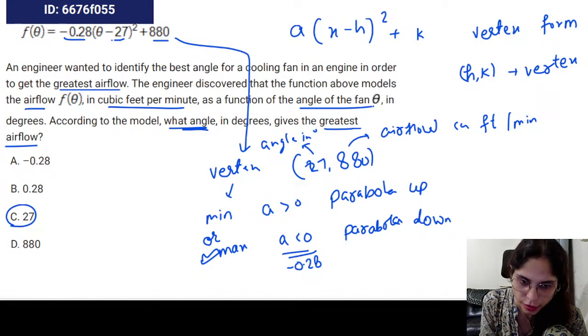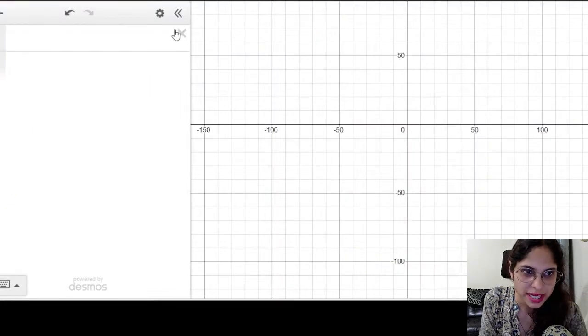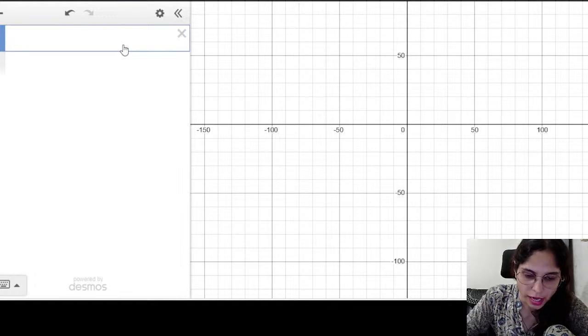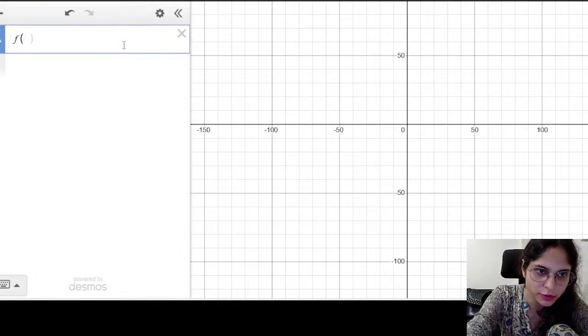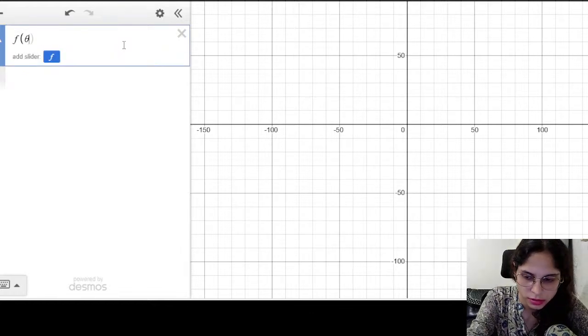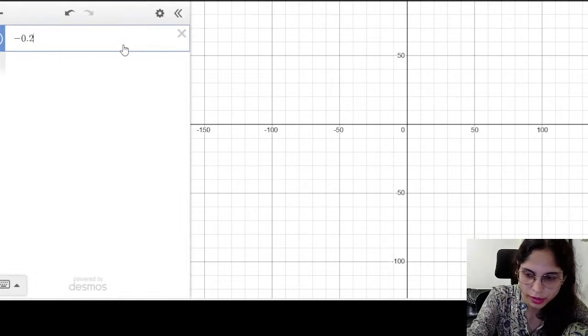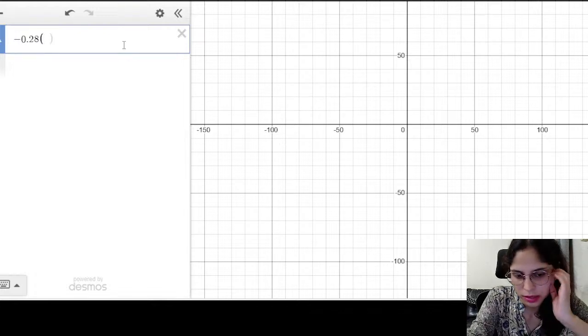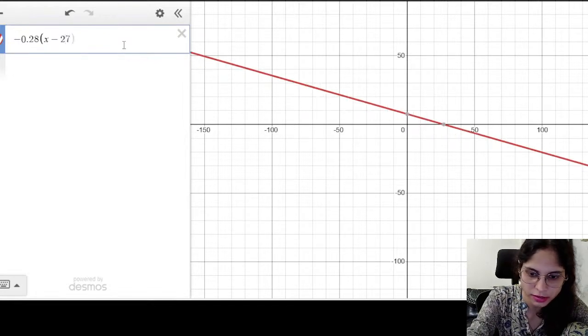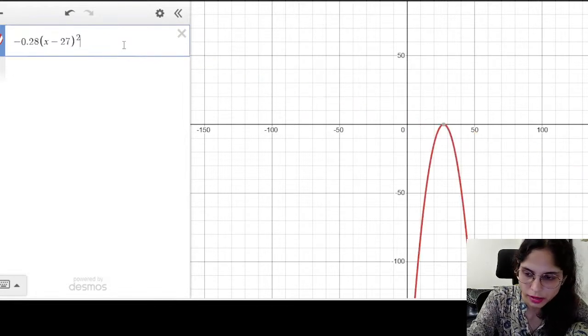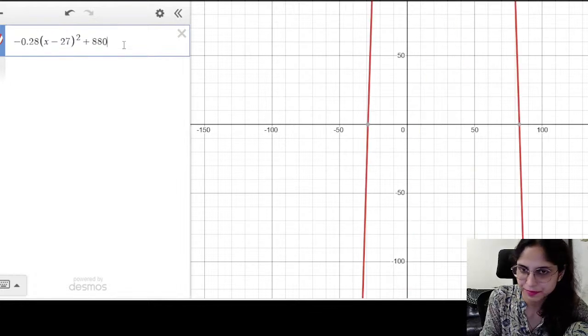If you do not know this, we have Desmos. You type the exact same thing. You will have to type f of theta as well, or otherwise change theta into x. I would suggest changing theta into x. Negative 0.28 times x minus 27 whole squared plus 880, and you zoom out.